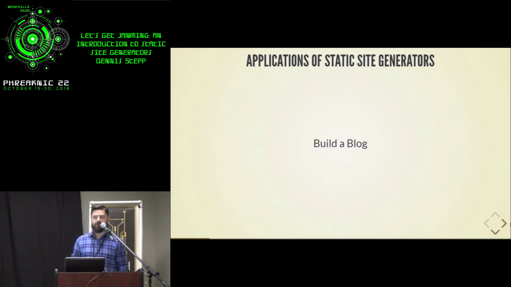So some applications of when you want to use a static site generator is something like a blog, or for your project documentation back at work, or your project that you're doing just by yourself to keep track of things. Brochure websites, like I said before, and really you can do whatever you want.